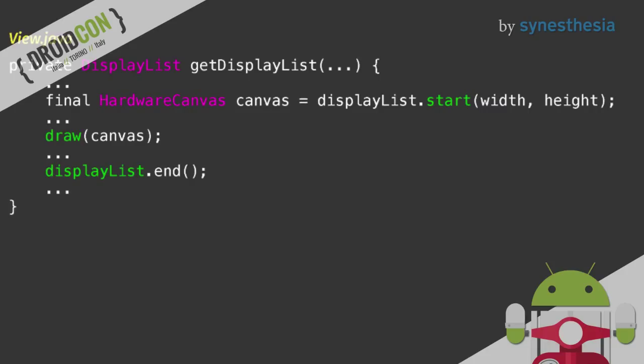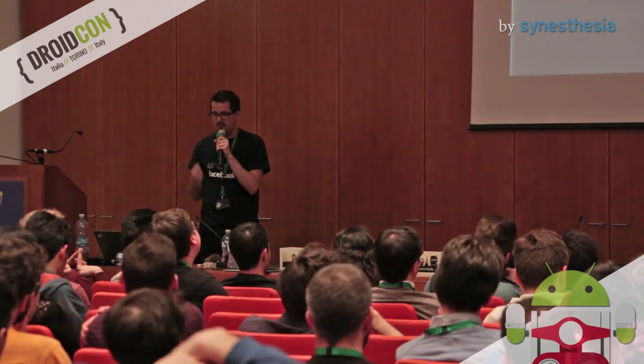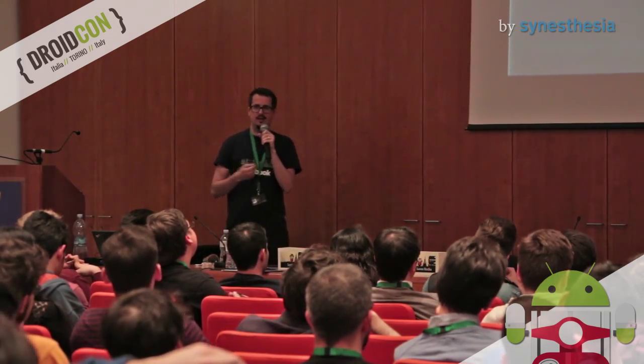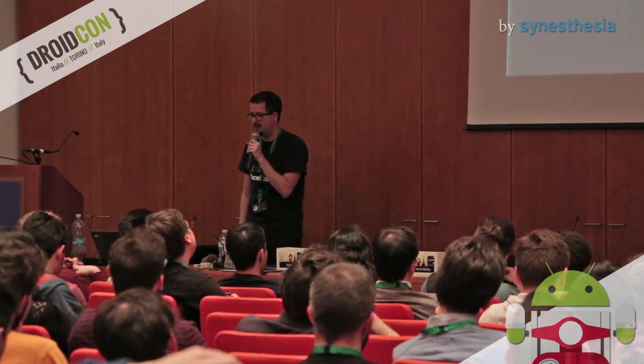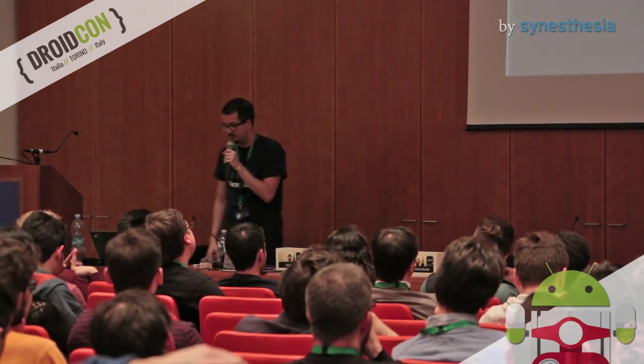So whenever you do a draw and you need to draw again, and I'll talk about invalidation in a minute, it will essentially start a canvas which will record all the commands you call, like your draw rect, draw bitmap, and so forth. And at the end, we'll end this list, and then this will be executed by the graphics pipeline later.